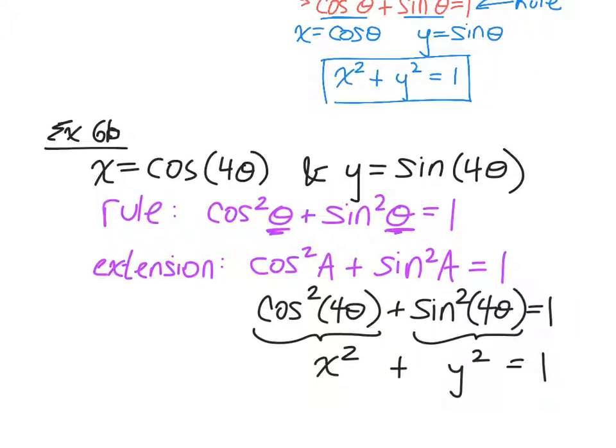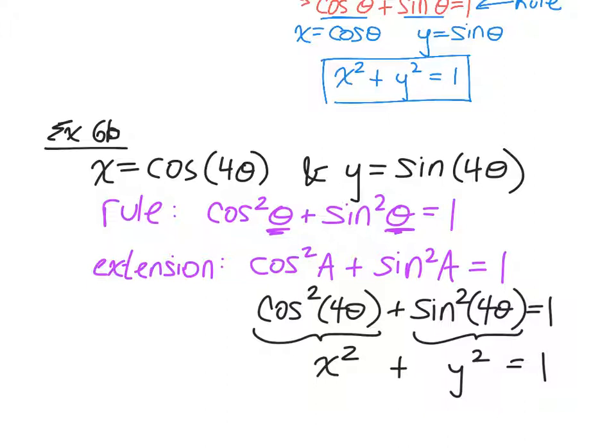Does anybody know what the coefficient in front of the variable of a trig function represents? There's a name for it. Period? Not the period. We use it to find the period, but that's the right line of thinking. Frequency. And the frequency tells us what? In simple terms, how often.